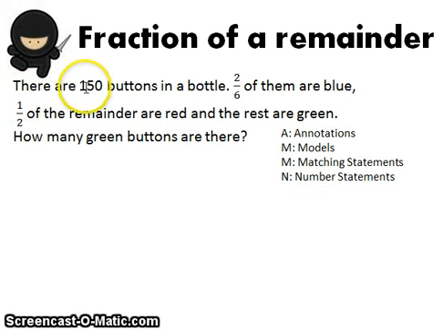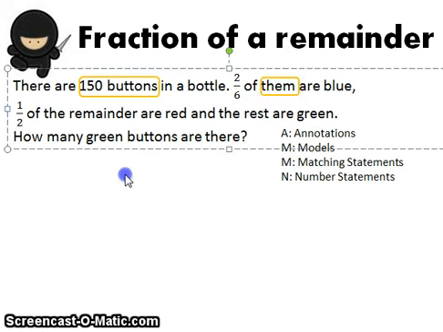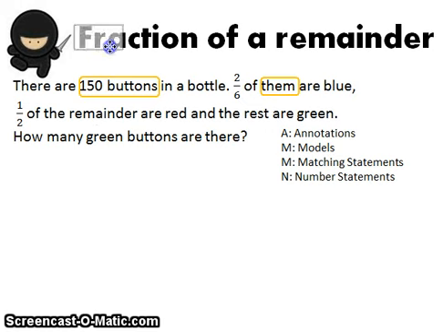There are 150 buttons in a bottle. 2 out of 6 of them are blue. Like we've learned earlier on, this is a fraction of a set. Them refers to the set, and the set here is the 150 buttons.